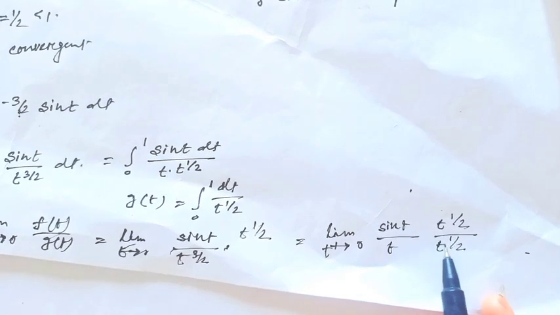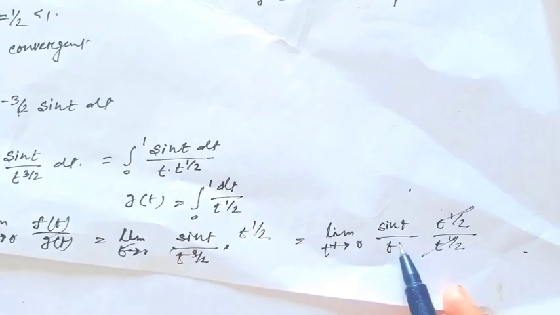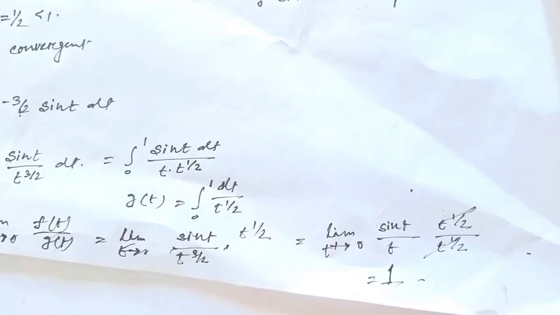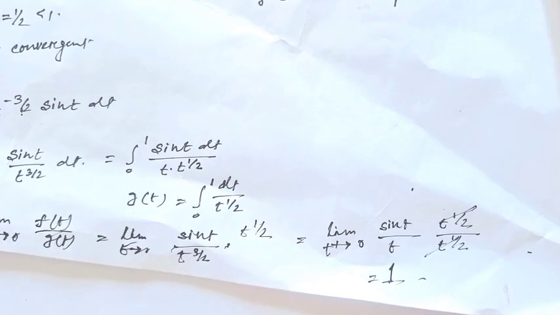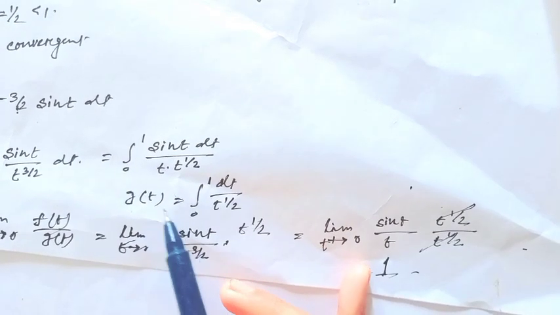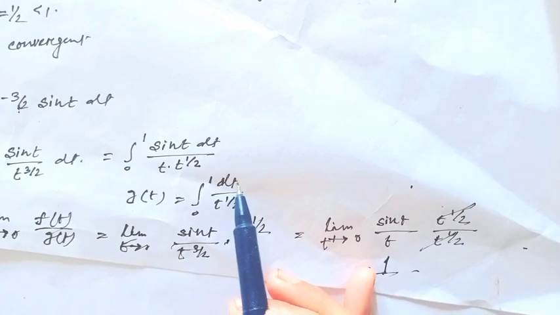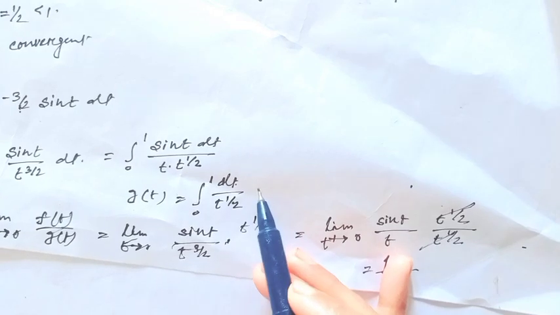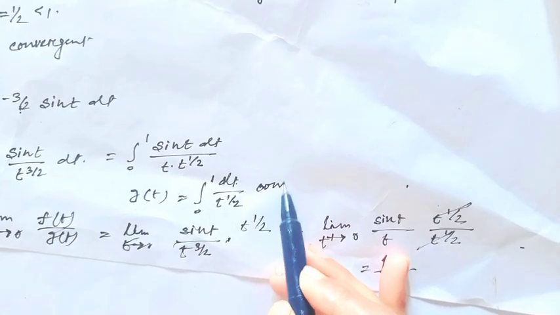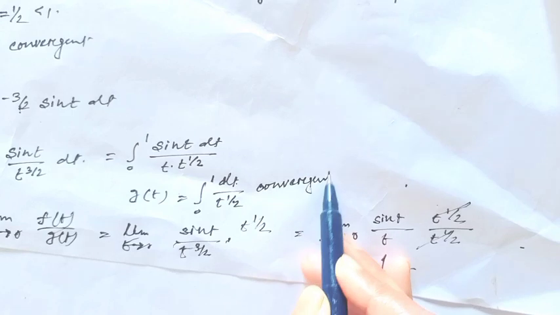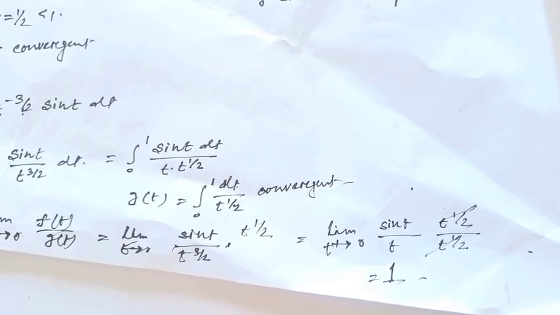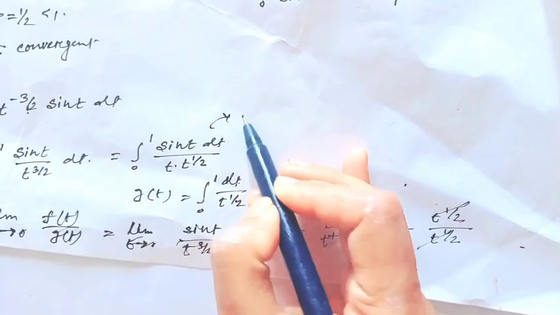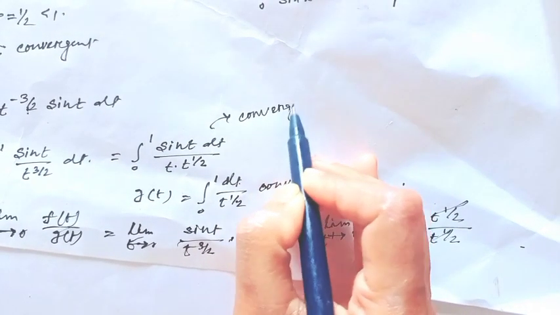Here t to the power half over t to the power half cancels, and this value is 1. So this is a finite value, and since the integral from 0 to 1 of dt over t to the power half is obviously convergent, by the limit comparison test we can tell our given integral is also convergent.